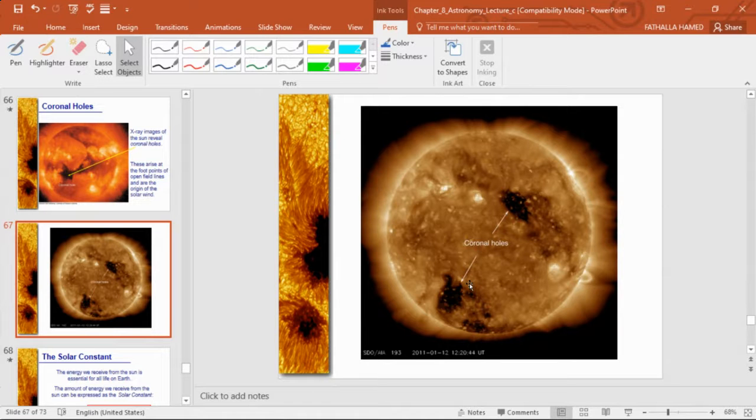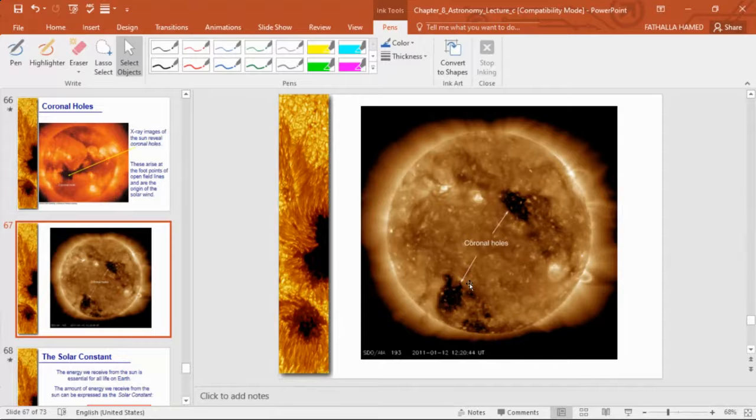And I told you in the first lecture that some may argue that if the sun is continuously losing these gases or ionized gases, then eventually it will lose its mass. And I told you this is basically very small compared to the mass, 10 raised to the power minus 14.